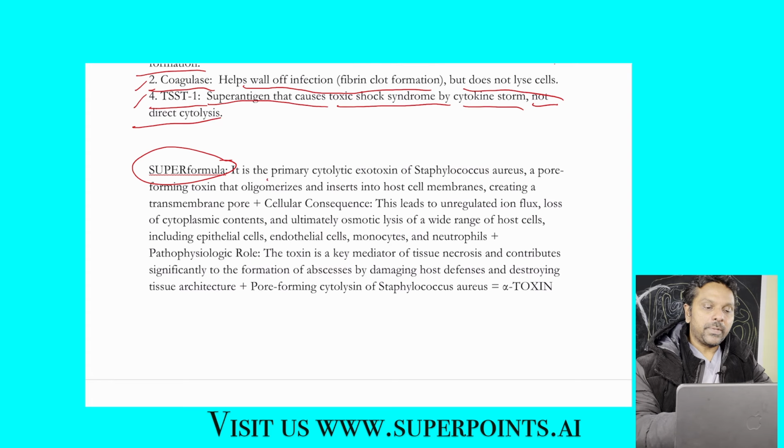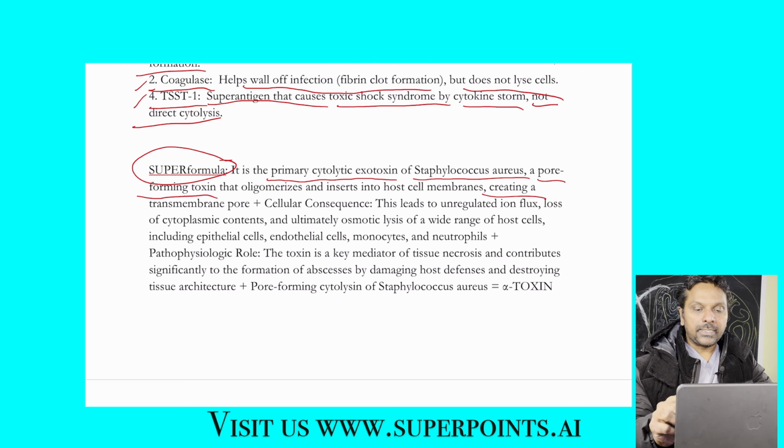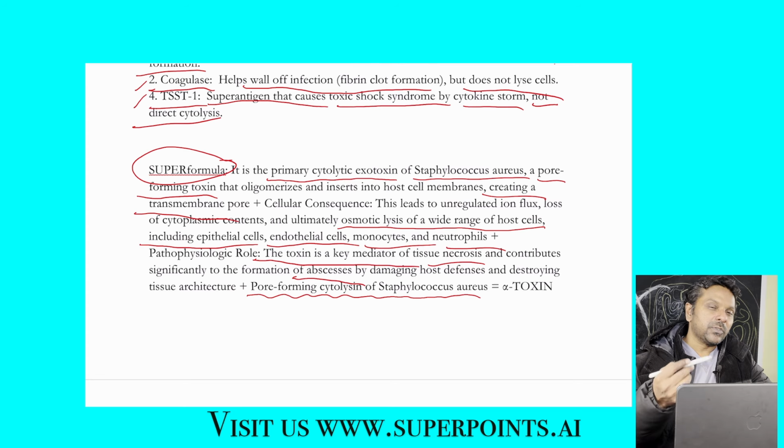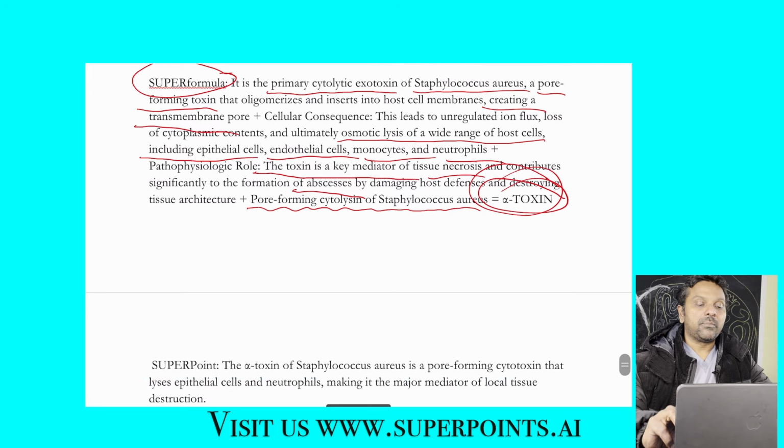Whenever you see a primary cytolytic exotoxin of Staph aureus, a pore-forming toxin that creates a transmembrane pore and leads to osmotic lysis of a wide range of host cells, including epithelial cells, endothelial cells, monocytes, and neutrophils, a key mediator of tissue necrosis that leads to the formation of abscesses, so basically a pore-forming cytolysin of Staph aureus, then they are talking about alpha toxin. All right, folks, that's very, very important.